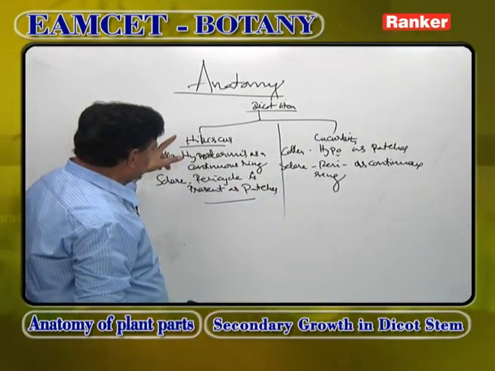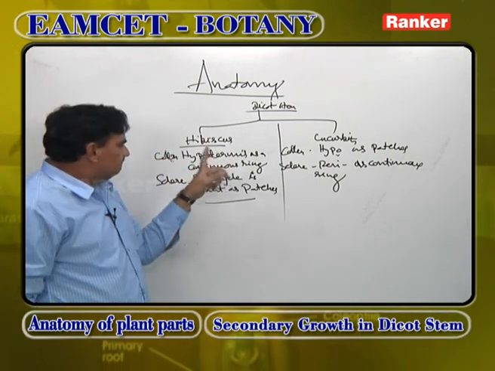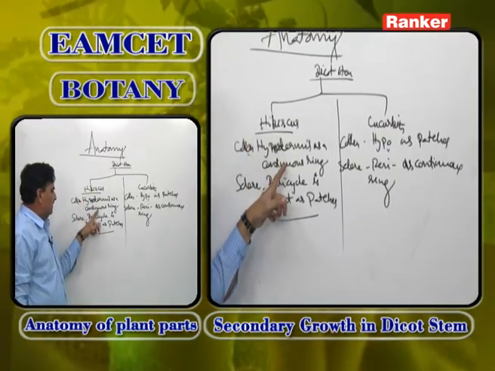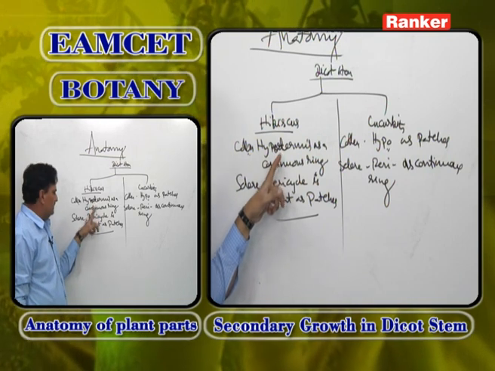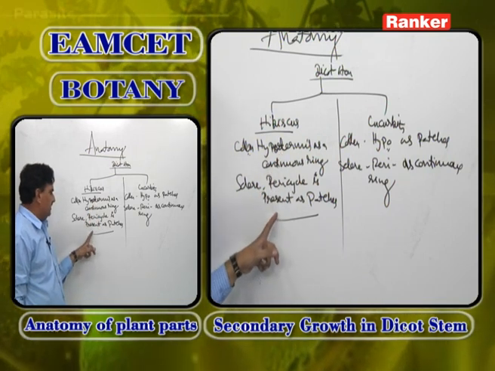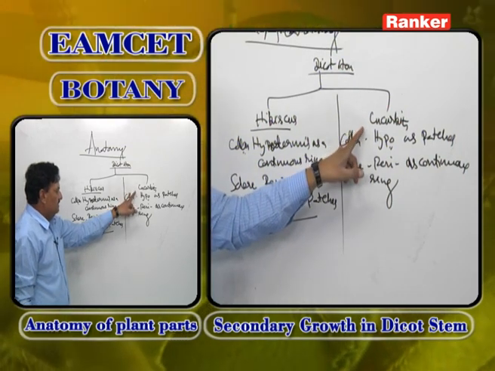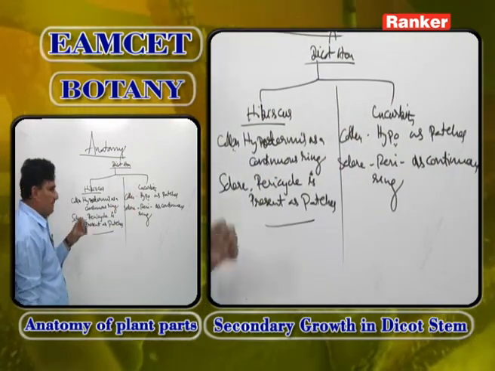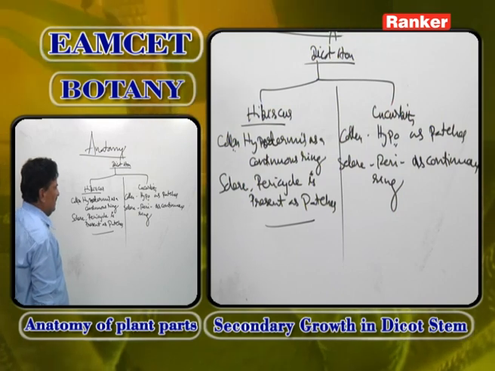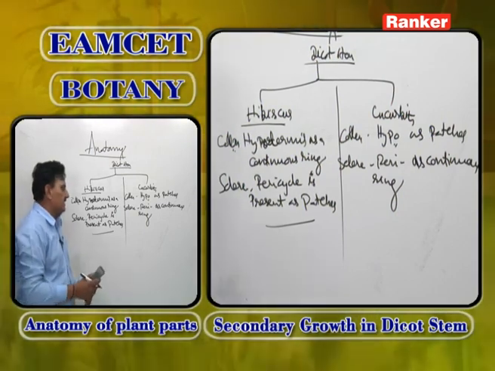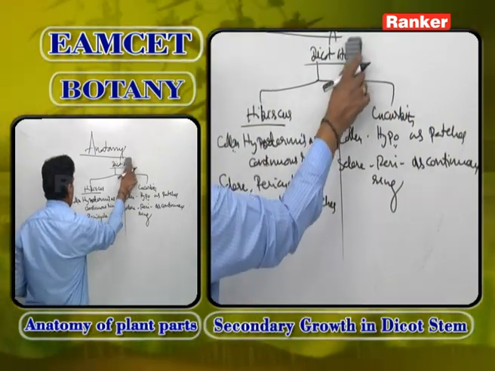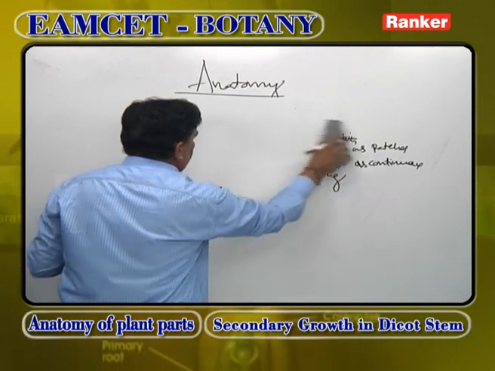In the dicot stem of hibiscus, collenchymatous hypodermis is present as a continuous ring and sclerenchymatous pericycle is present as patches above each vascular bundle. In the case of cucurbits, collenchymatous hypodermis is present as patches and sclerenchymatous pericycle is present as a continuous ring.